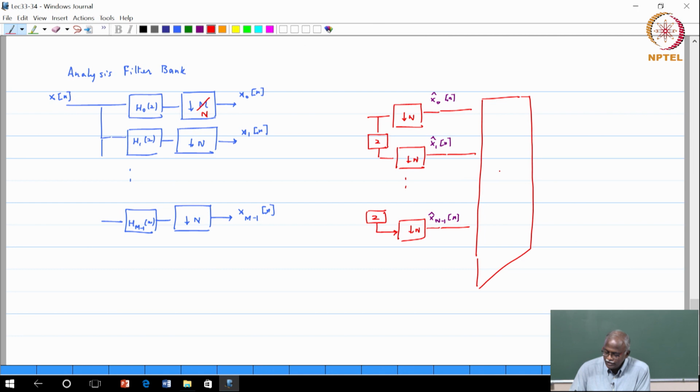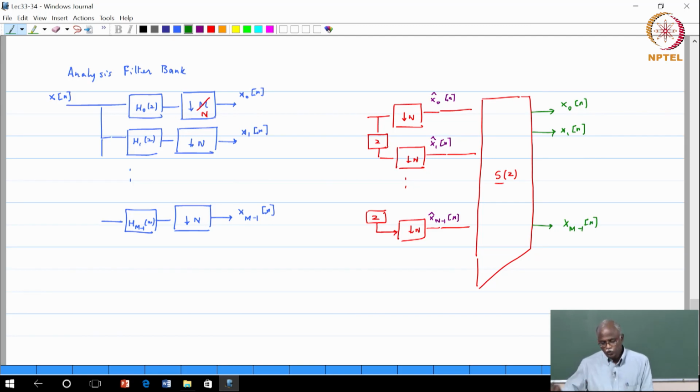Call this S of Z matrix, the polyphase component matrix. We will write down the structure subsequently. This then produces m outputs that we are interested in, which should be the signals of interest x naught of n, x1 of n, up to x m minus 1 of n.